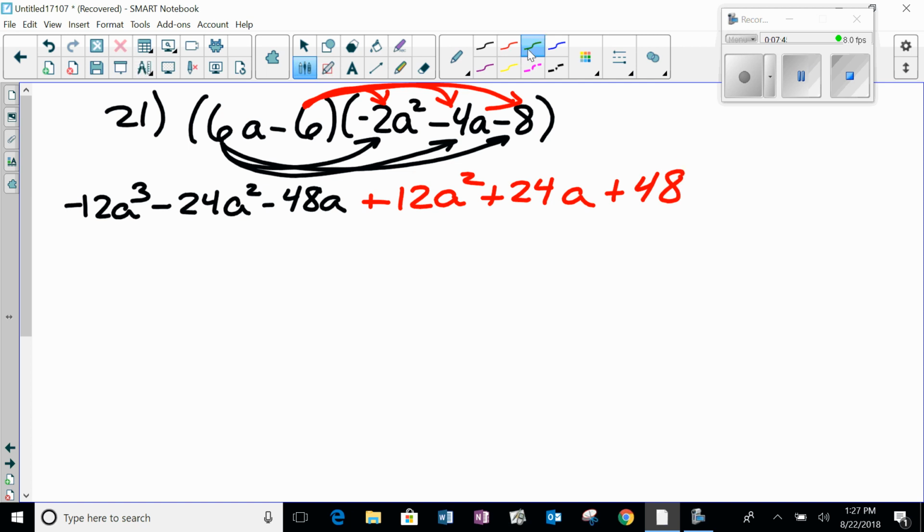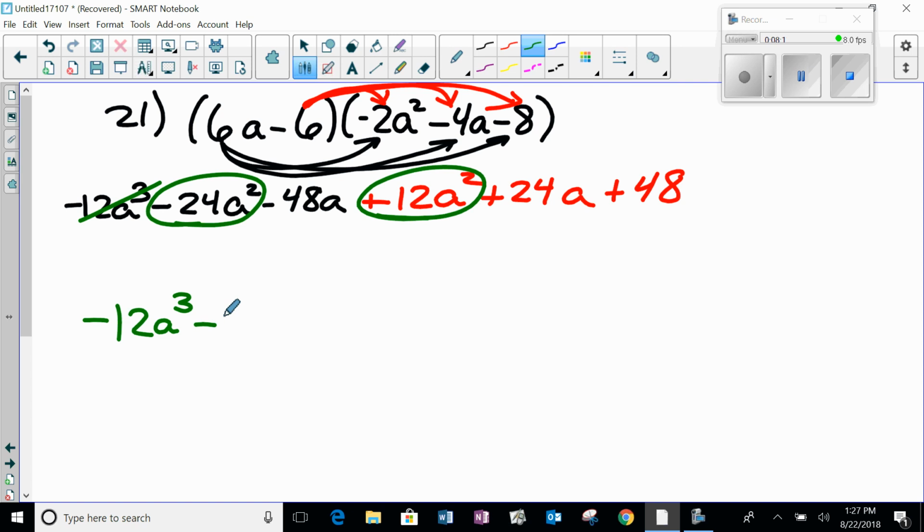Now your final step is to find and combine your like terms. So there are no other cubes in this problem, so I'm just going to bring it down as part of my final answer. Now I'm going to cross it out so I know I've already used it. Now I have negative 24a squared and a 12a squared.